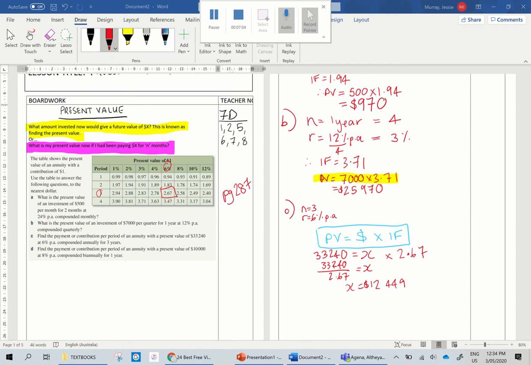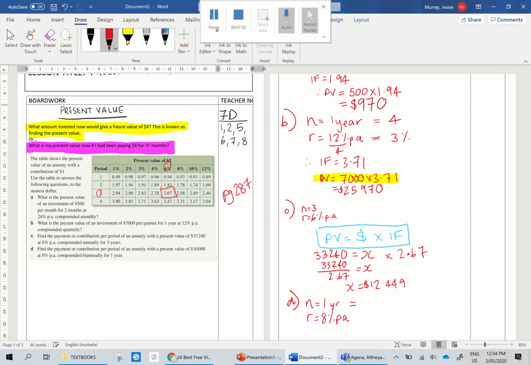Okay, and finally D. Find the payment or contribution per period of an annuity with a present value of $10,000 and 8% per annum, compounded biannually for 1 year. So compounded biannually, so that means half yearly or 6 months. So straight away, they gave me that N is 1 year, R is 8% per annum.